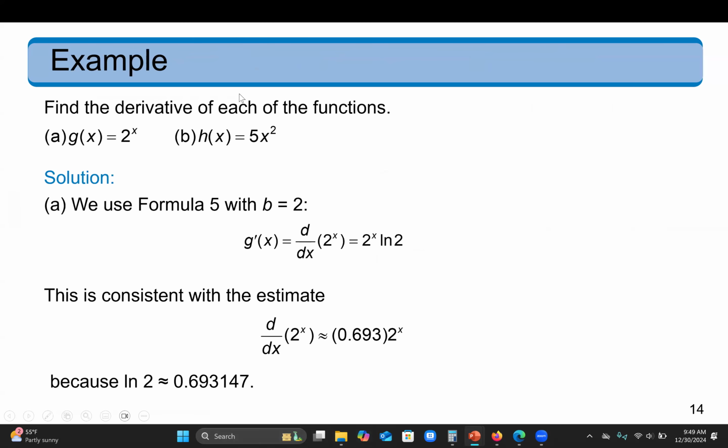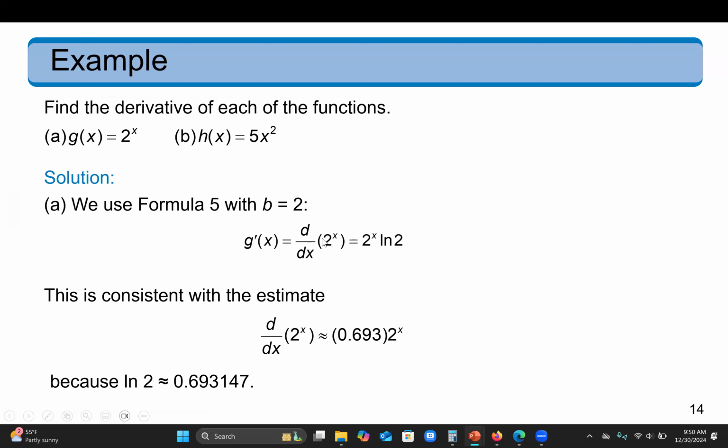Now, for the derivative of an exponential function, let's say they give us, find the derivative of g(x) equals 2 to the power x. We can use the formula. The derivative of g(x) will give d/dx of 2 to the power x. So first we write our function 2^x times what?